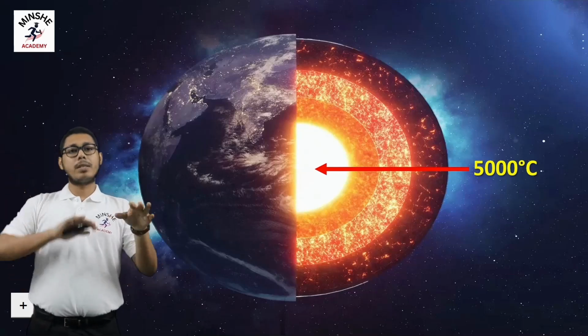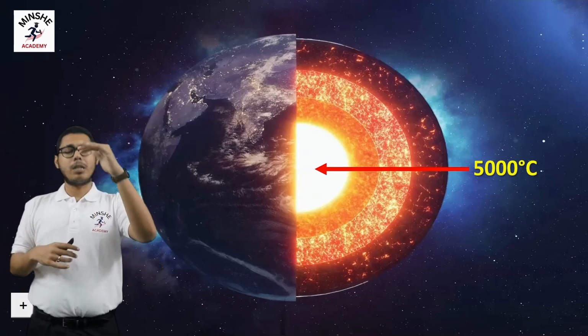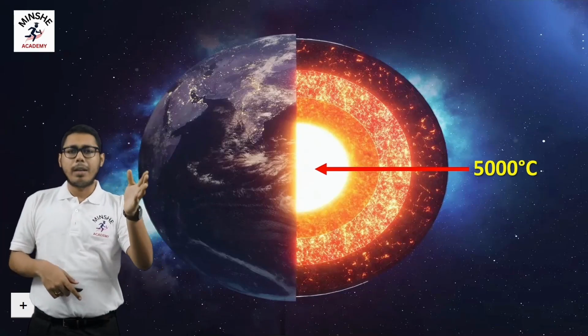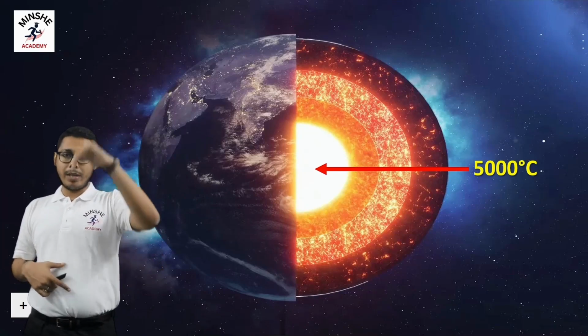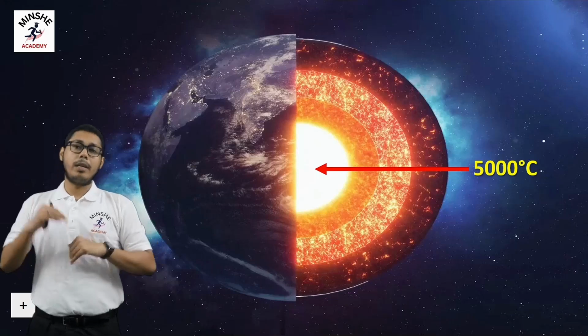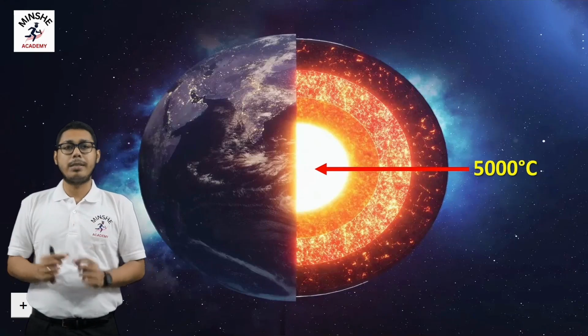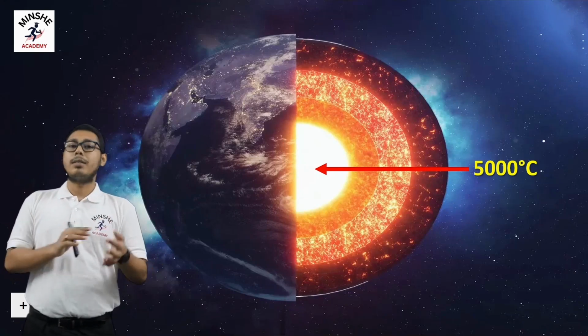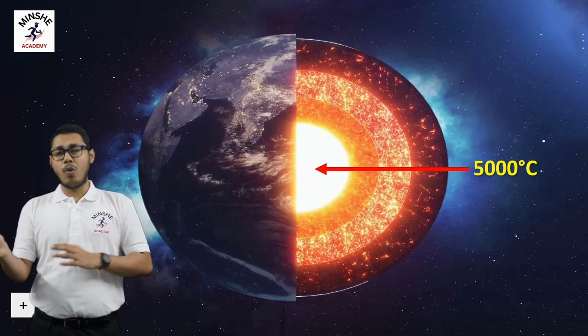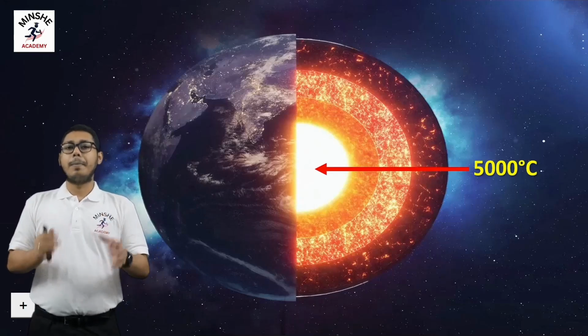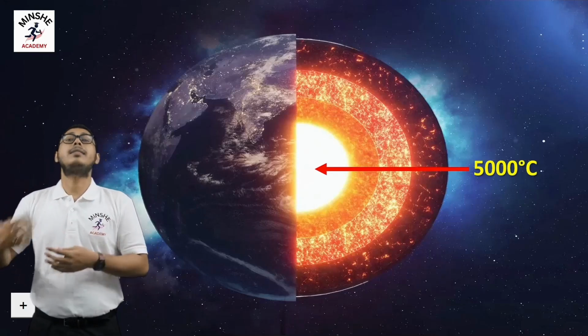So obviously at the surface it starts at maybe 10 or 50, slowly increasing, and at the inner core it is reaching approximately that. Here also I am giving you a disclaimer, this is not absolute. Some books you may see a bit more, some books a bit less, but it is an idea that this is how extreme it is.